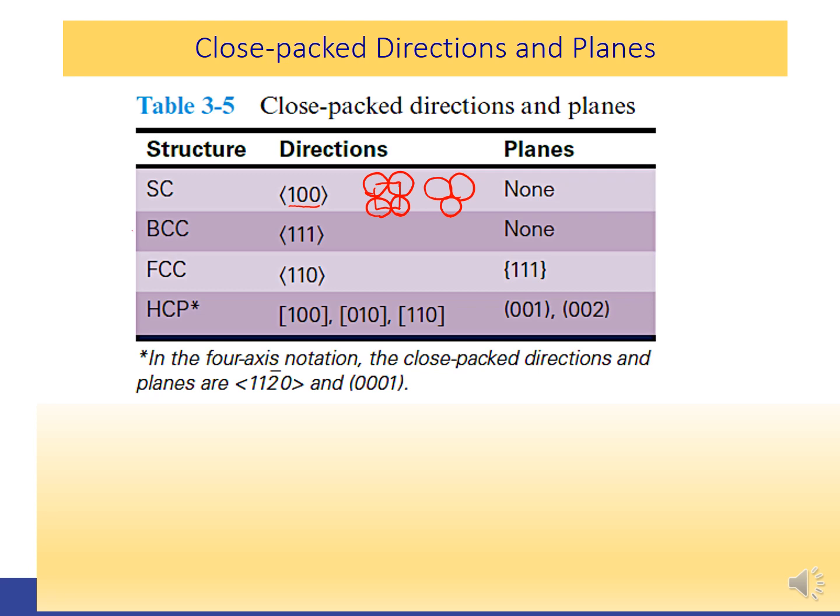For BCC structure, the body-centered cubic, the close packed direction is along the body diagonal, the 111 direction. So there are 3 atoms along the 111 direction. I'm just going to do a quick sketch. This is the body diagonal. The atoms are in touch along this 111 direction: one atom at the center of the body and 2 corner atoms.